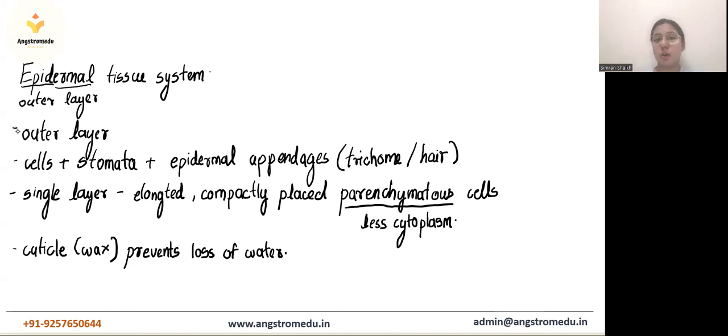Otherwise, what happens if this layer is not there? All the water will get evaporated by the sun. We call it the process of transpiration. So it is absent in roots. It is also absent in fruits.